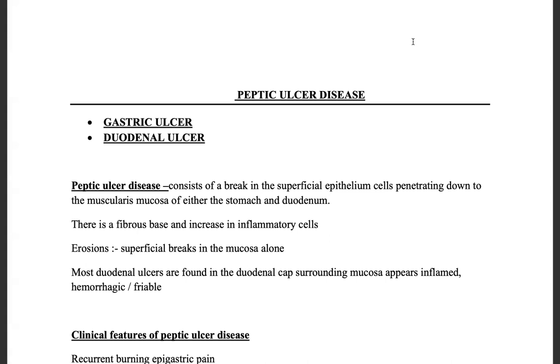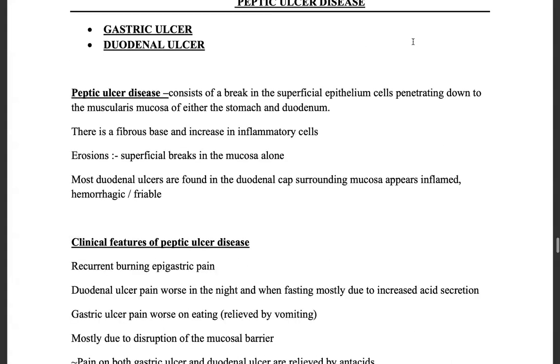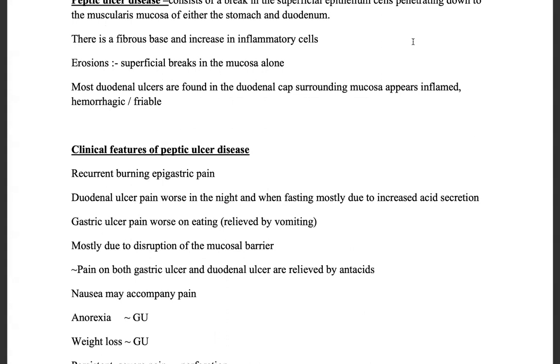Inflammatory cells come here and there will be a fibrous base. Sometimes these breaks in the epithelium will be confined to the mucosa. In that case, we call it an erosion. Okay. So as usual, there is gastric irritation caused by acid.